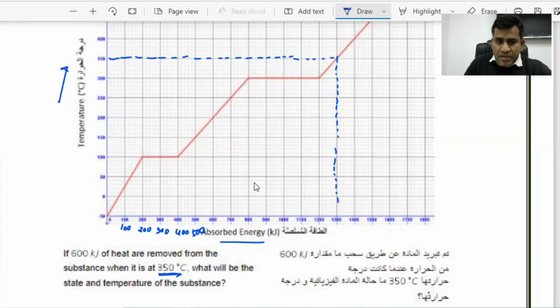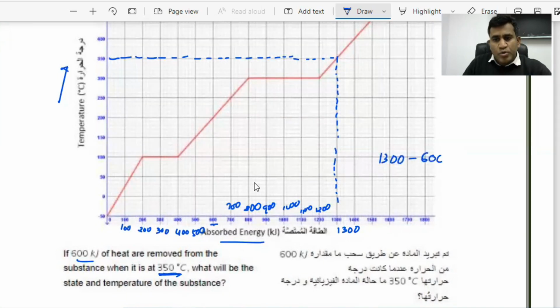This value is 600, this is 700, 800, 900, 1000, this is 1100, this is 1200, and this value represents 1300. So if we decrease this energy of 1300 by 600 kilojoules, what is the energy left? 1300 minus 600 kilojoules of energy released gives 700 kilojoules of energy left.